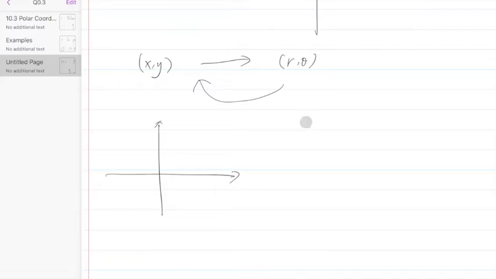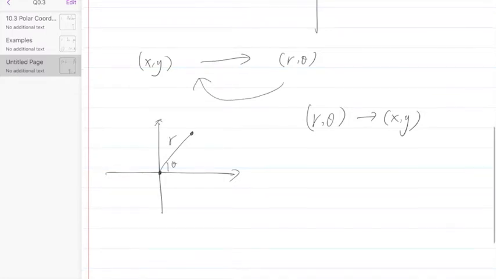Let's talk about it. Suppose you have a point. Let's talk about one direction. If you already know r and theta, how do you transfer it back to x and y? Through drawing. You know this is r, this is theta, this is where the point is. In order to tell people the xy coordinates, you just need to tell people how long this is and how long this is.